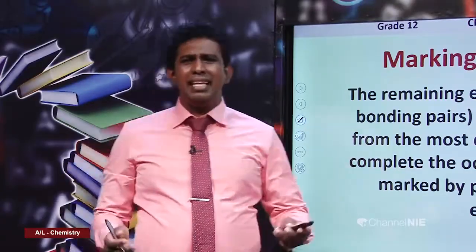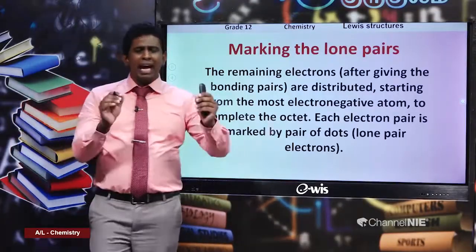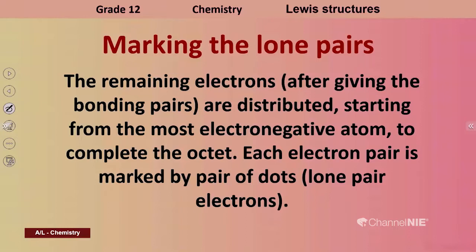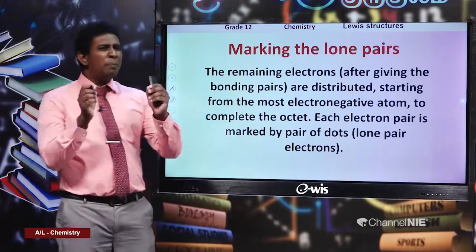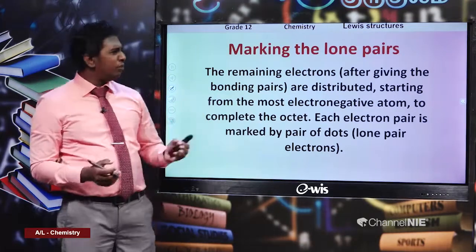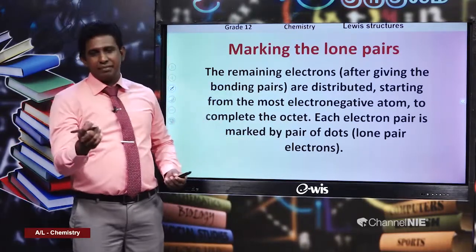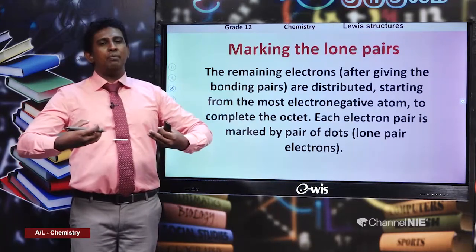Then it's the marking of lone pairs, which I mentioned earlier. Students, after reserving some pairs from the total number of electron pairs for bonding, those are the bond pairs. What about the remaining electrons? We deduct the bond pairs, the number of bonds, from the total number of pairs, and the electrons left over are named lone pairs, if you have pairs.